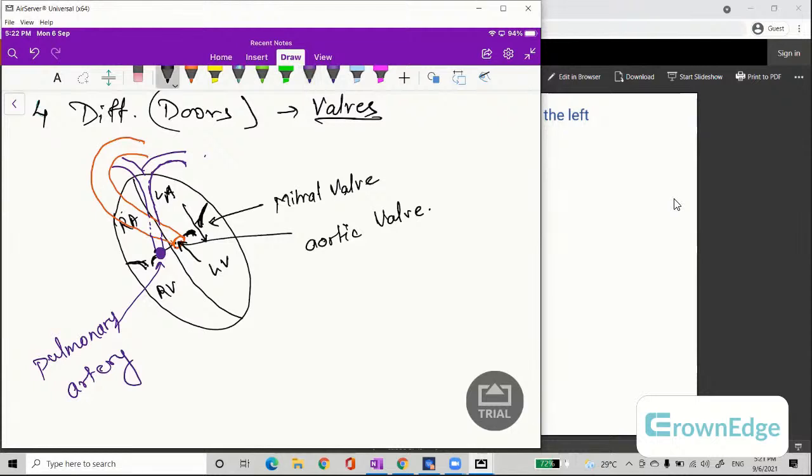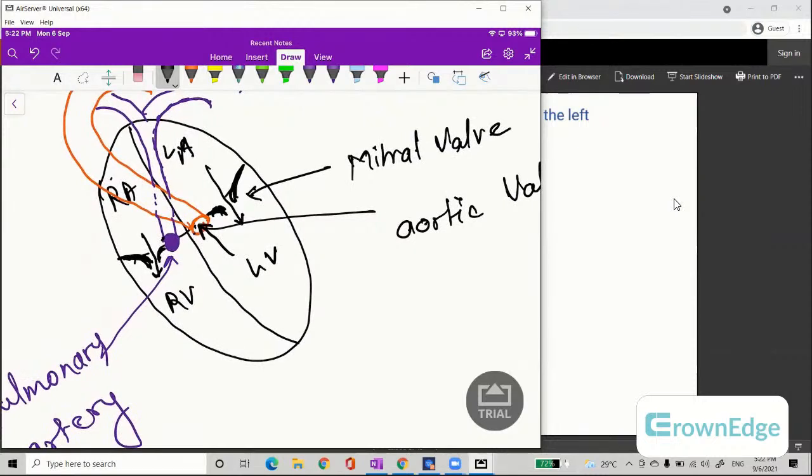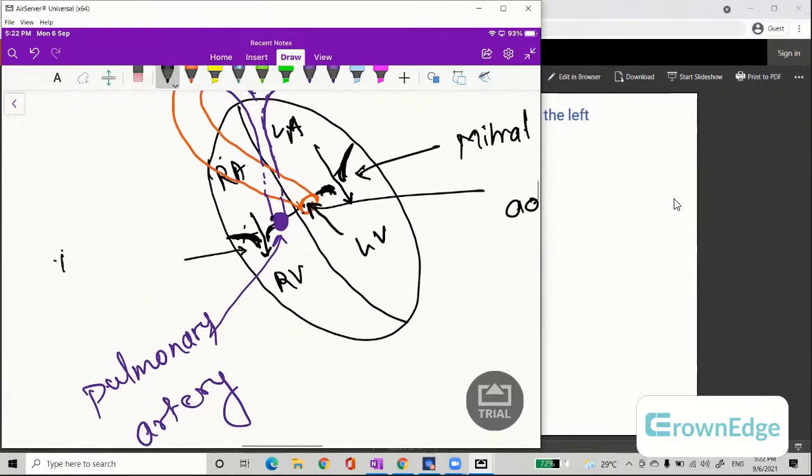Functionally it is like a vein, but it is known as the pulmonary artery since it is going away from the heart. And there is an opening which will allow the blood to go from the right atrium to the right ventricle. Which valve is this? This is your tricuspid valve.